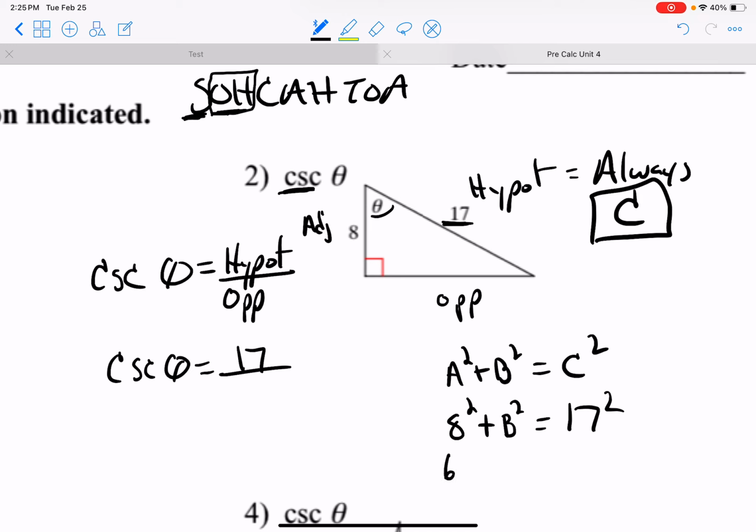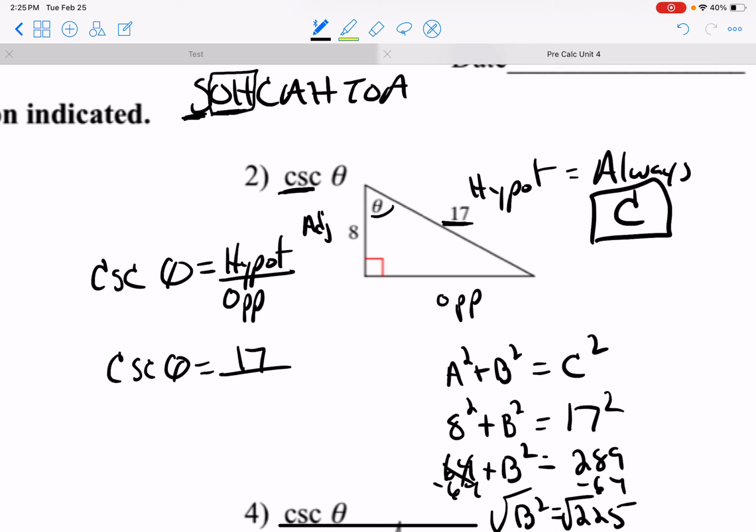Well, 8 times 8 is 64, plus b squared equals, I don't know what 17 times 17 is. 17 times 17, 289. Minus 64, minus 64. b squared equals 289 minus 64, 225.